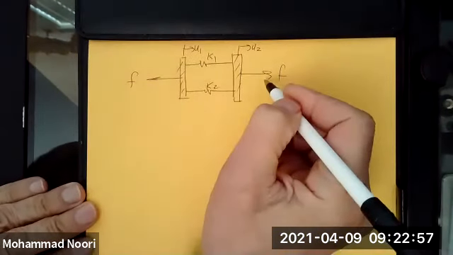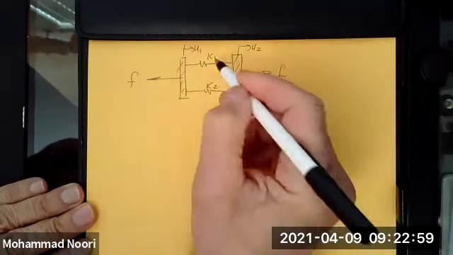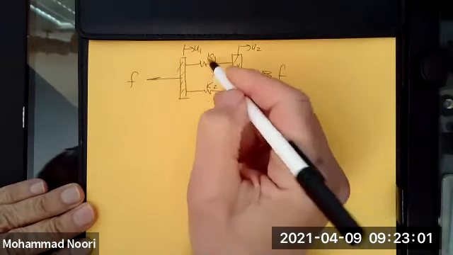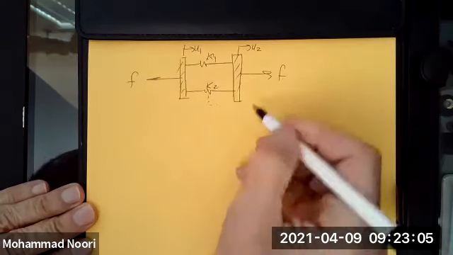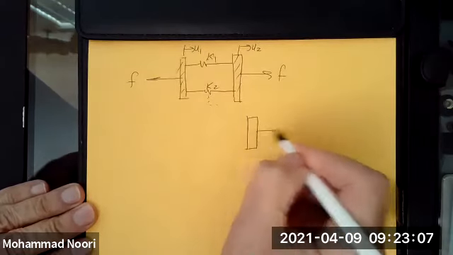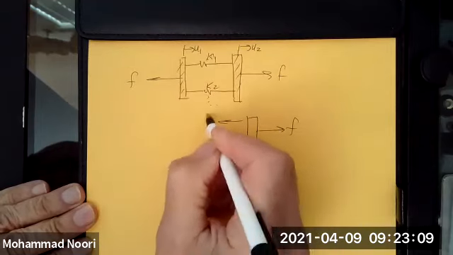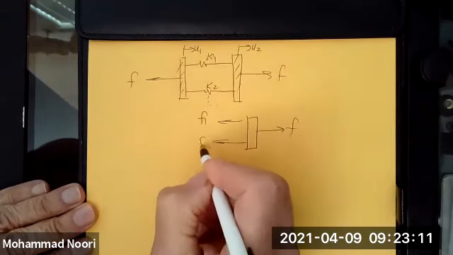In other words, the total force that develops in these two is the applied load. And you can see that. Why? Because from the free body diagram, what you can write is this, right?